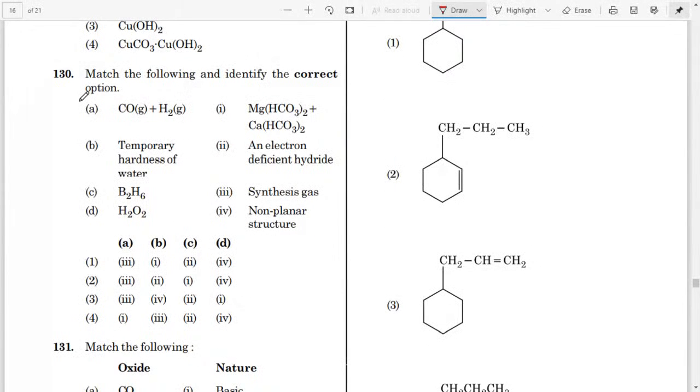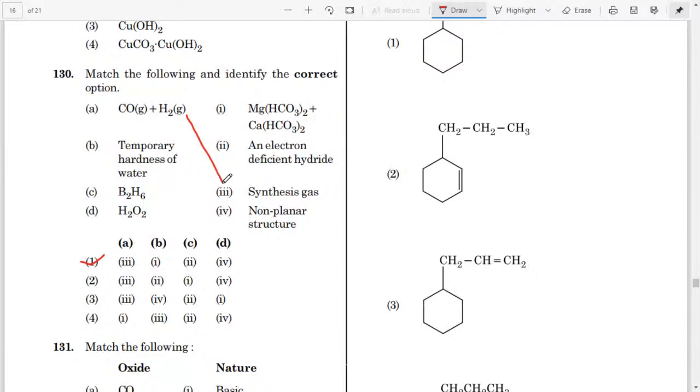Question number 130, match the following and identify the correct option. Carbon monoxide plus hydrogen, temporary hardness of water, diborane and hydrogen peroxide. So what are the options? Is option number 1, that is carbon monoxide plus hydrogen synthesis gas, isn't it?